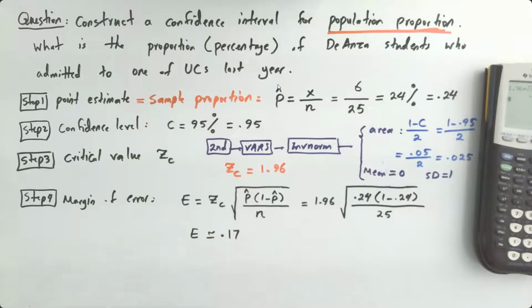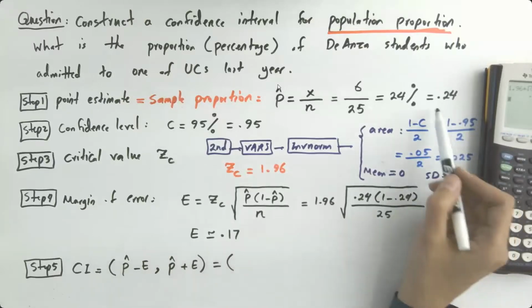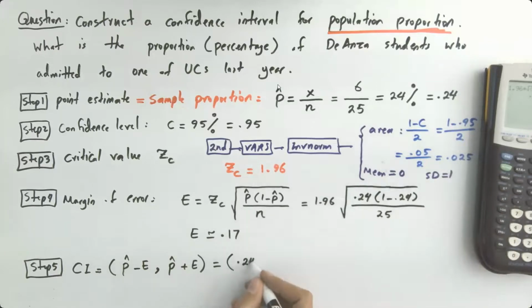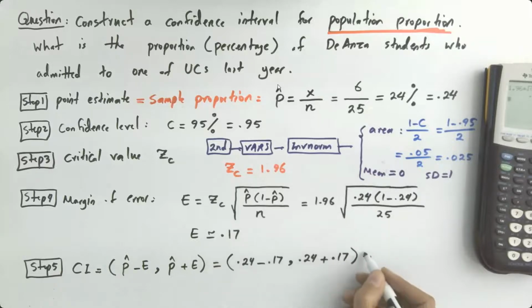Okay. I have all the information that I need. Now I'm allowed to go to the last step. Step 5. My confidence interval is, open parenthesis, p hat minus E, comma, p hat plus E. P hat 24%, 0.24, minus the margin of error, which is 17%, comma, p hat 24% plus the margin of error.